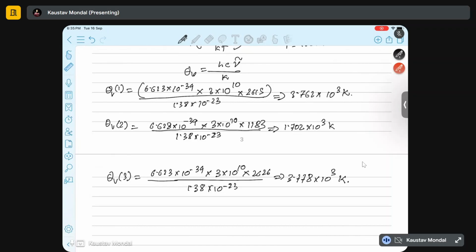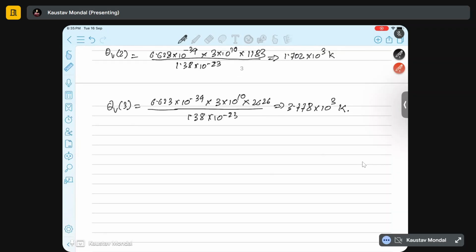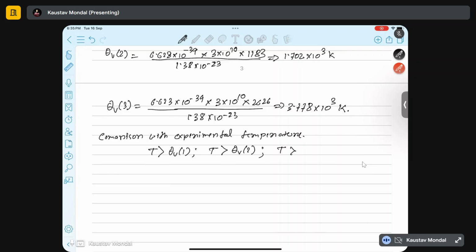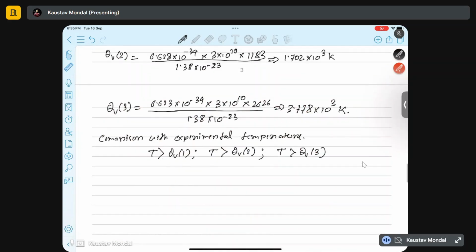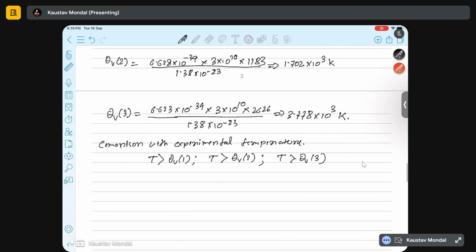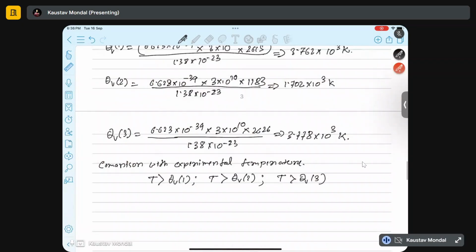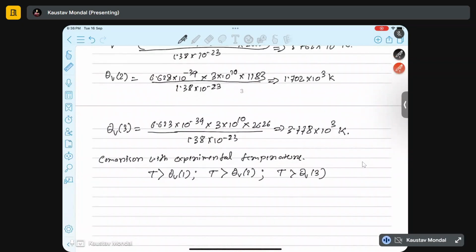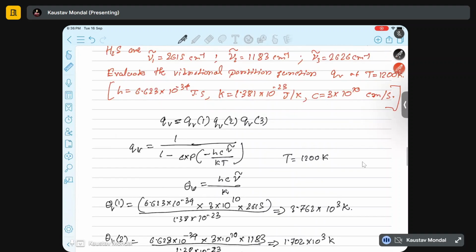So for QV1, QV2, and QV3 we have checked the comparison with the experimental temperature. In all three cases, T is lower than theta v1, theta v2, and theta v3; that is, the vibrational temperature is higher than the temperature.